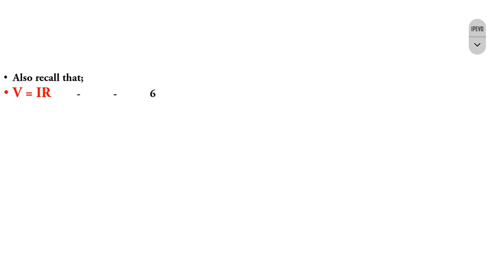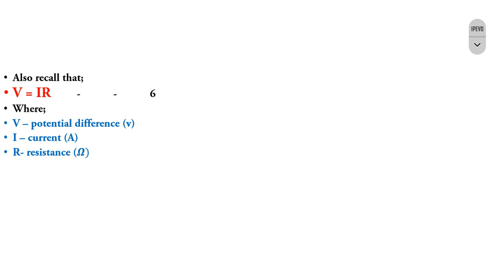Recall that V equals IR, where V is the potential difference in volts, I is the current in amperes, and R is the resistance of that circuit in ohms.